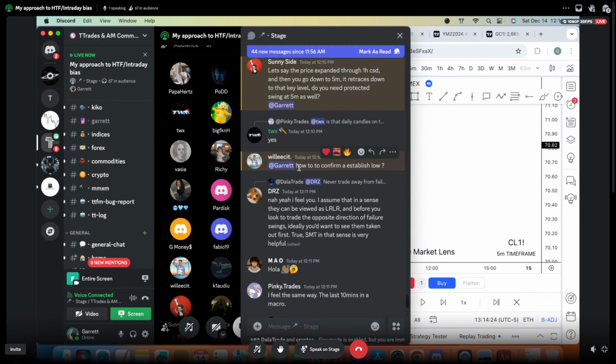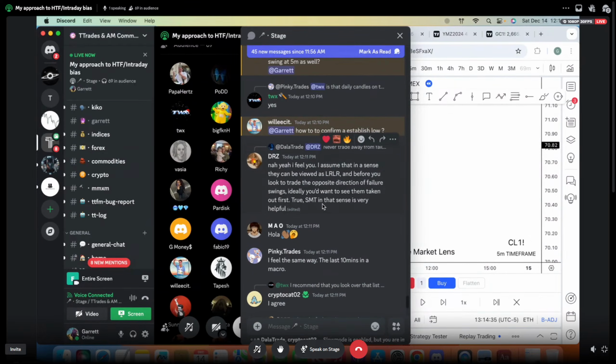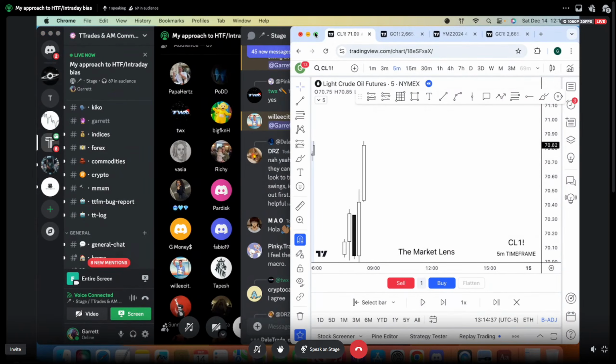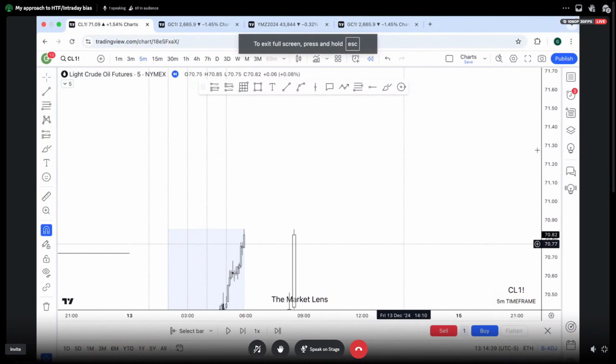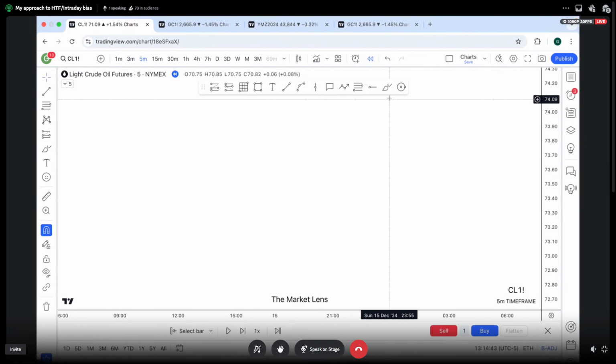How to confirm it? SMT CSD within a higher time frame expansion panel. So an established low for me has to be almost the very low or high of the day. It has to be forming the higher low of the day.